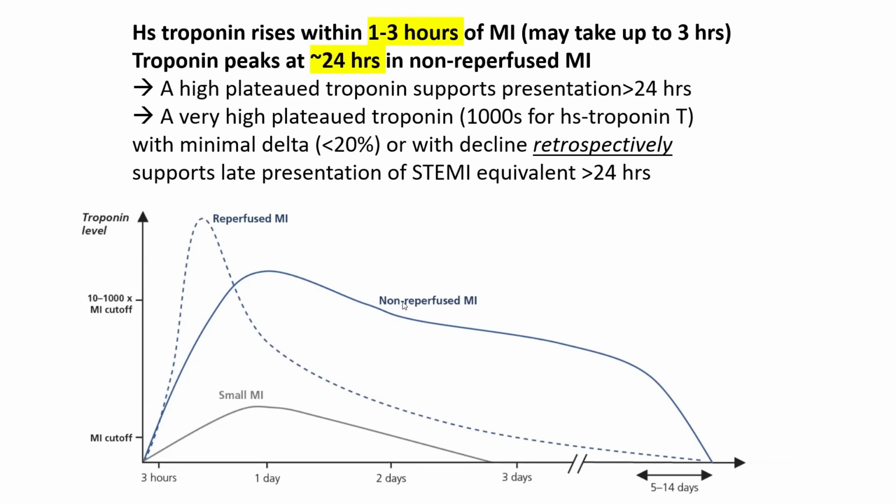If your troponin is at a plateau, it's not having much delta anymore, or if you have a very high troponin that is declining or plateaued, that also tells you your presentation is over 24 hours. It's a late STEMI presentation in the case of STEMI where you're trying to time it. So that kinetics help you time MI, and that's another reason why it's important to understand.